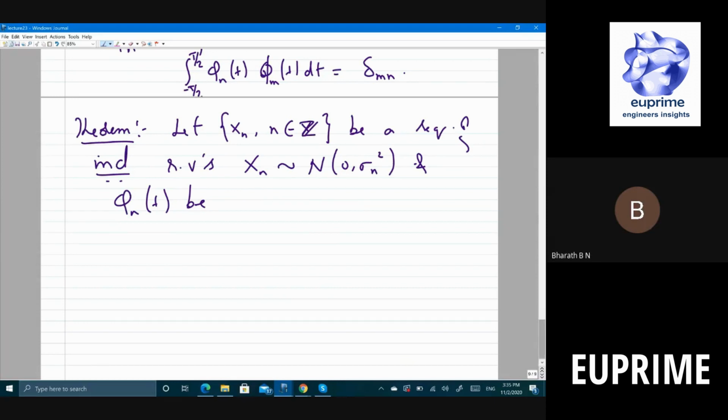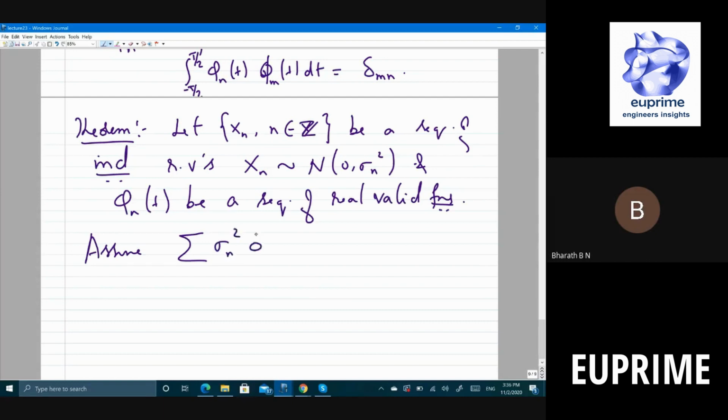You don't need them to be orthonormal; any real valued functions with finite energy will work. Assume that the sequence sum of sigma_n squared phi_n of t squared, from minus L to L, converges. That means as L goes to infinity, it goes to some number.